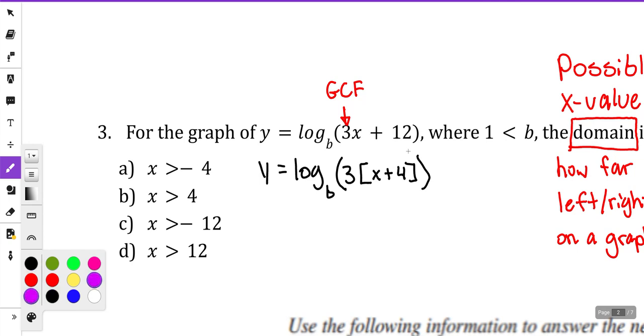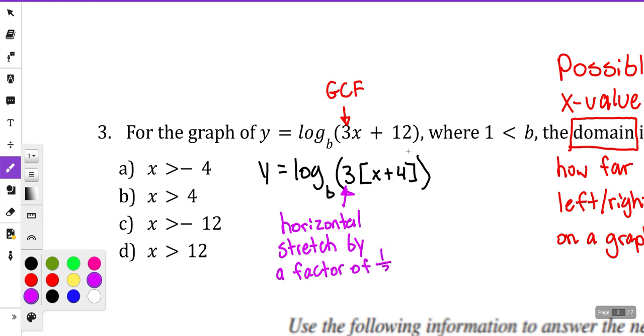This one is a horizontal stretch by a factor of 1/3. Not 3. Remember, anything horizontal is the opposite of what it looks like. So it's not a factor of 3.